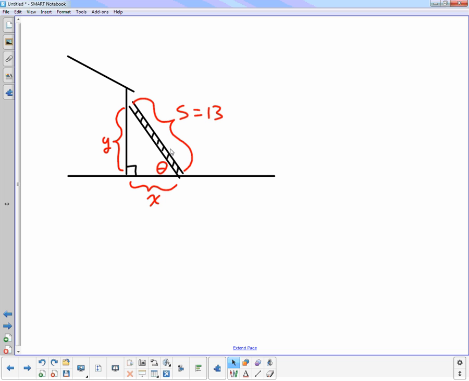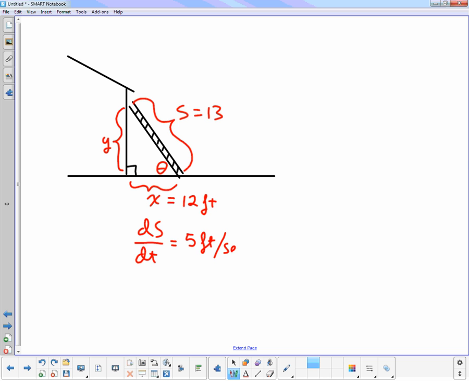All right, by the time the base is 12 feet from the house, the base is moving at a rate of 5 feet per second. Because as this thing slides away, it accelerates as it falls.